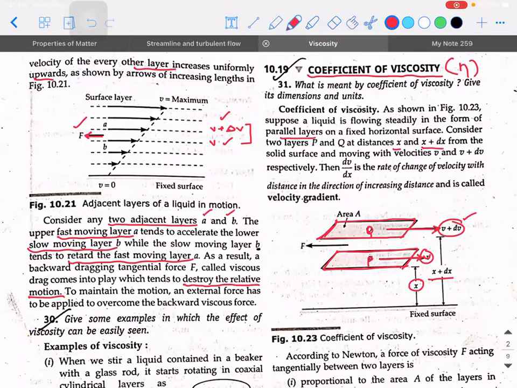Then there is a parameter which we can define in terms of dV and dx, which we call dV by dx. What is the technical name for this? It is something similar to the potential gradient that you have learned this year.